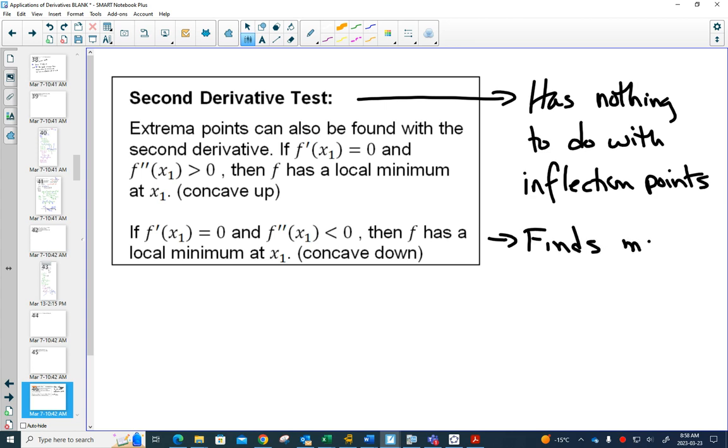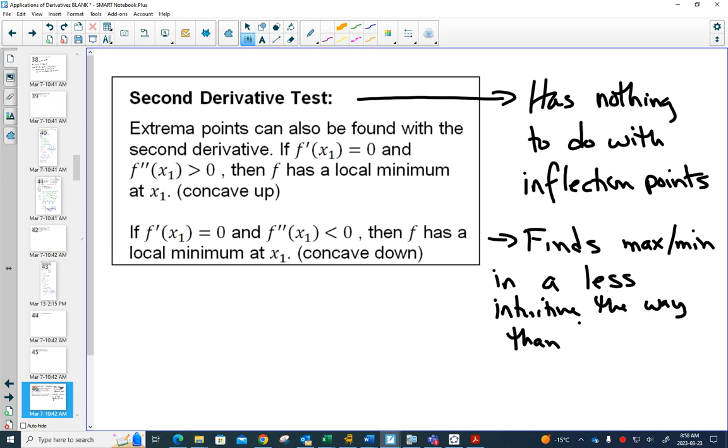It finds maxes and minimums, in a less intuitive way than the more obvious first derivative test.